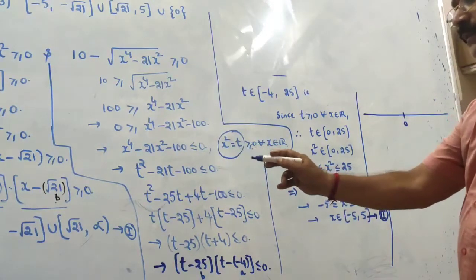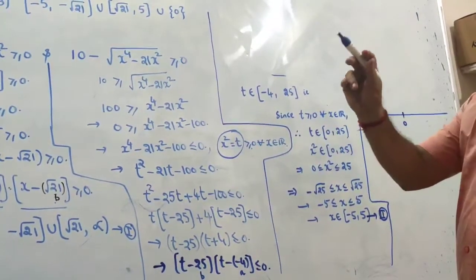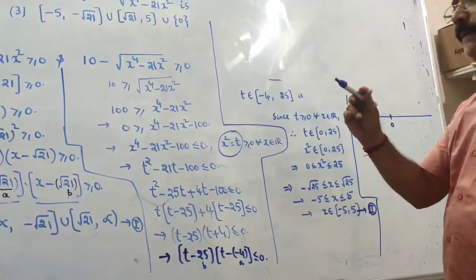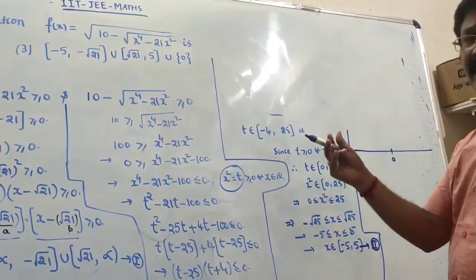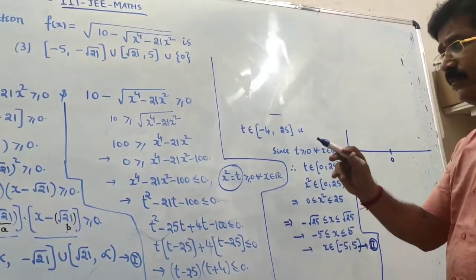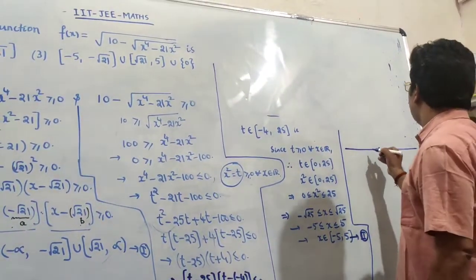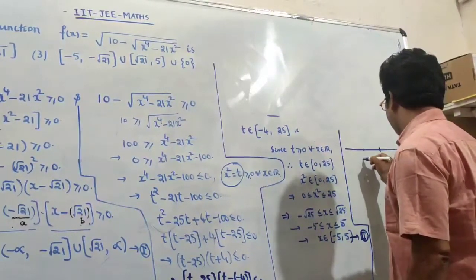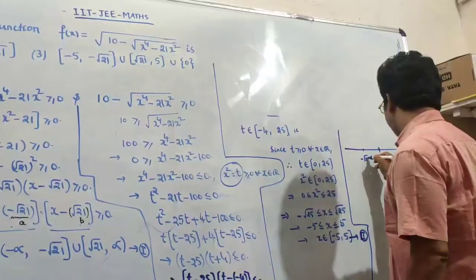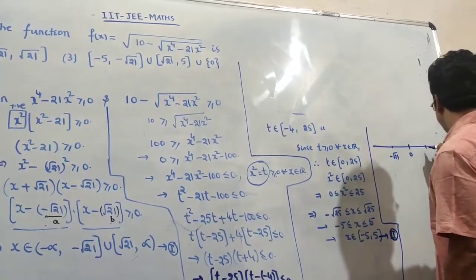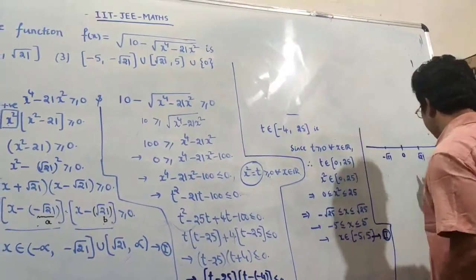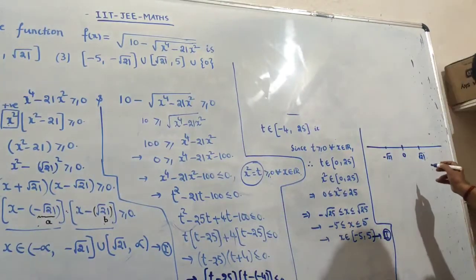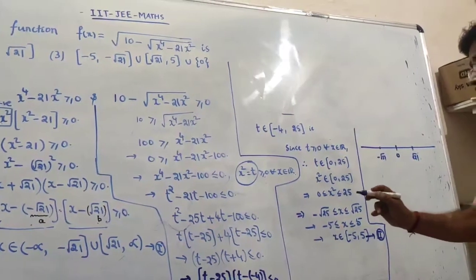Root 21 means approximation value: 4 square is 16, 5 square is 25, so it should lie between 4 and 5. So therefore, for example, it is 4, or we can take directly root of 21. Next it is plus root of 21. You come here.